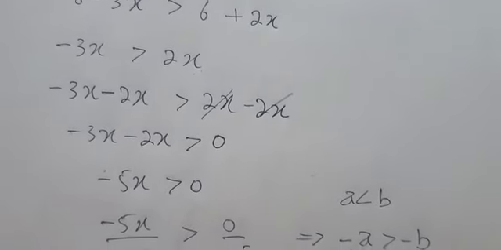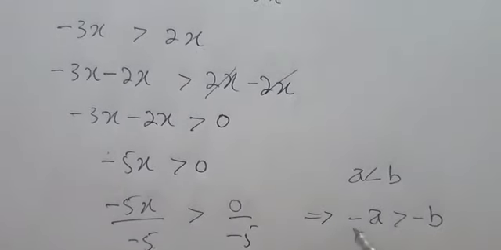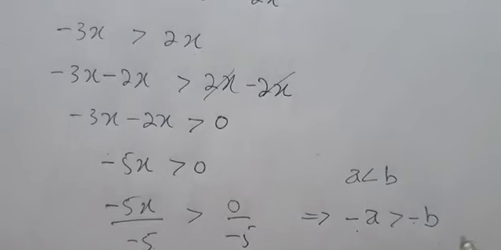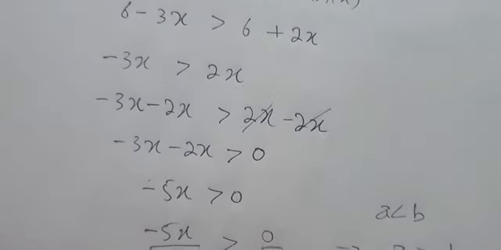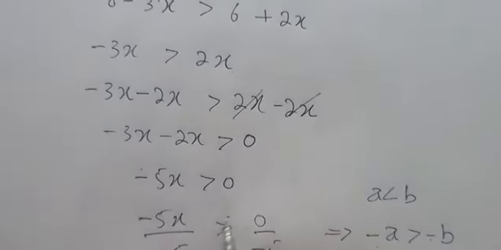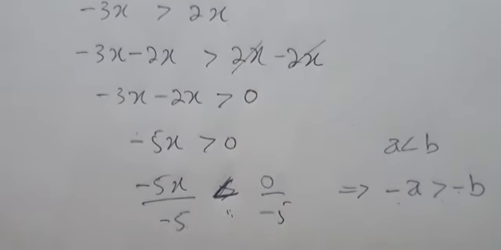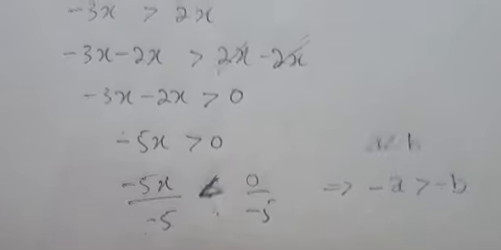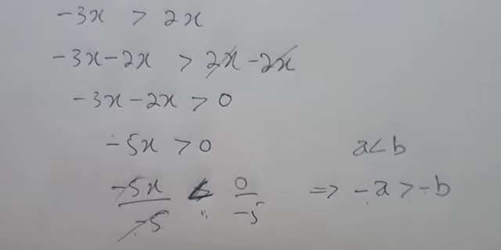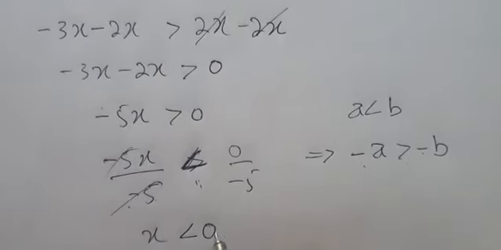So when we multiply or divide by a negative number, we reverse the inequality. So here we need to reverse the inequality because of this negative sign, and now we will be left with x strictly less than 0.